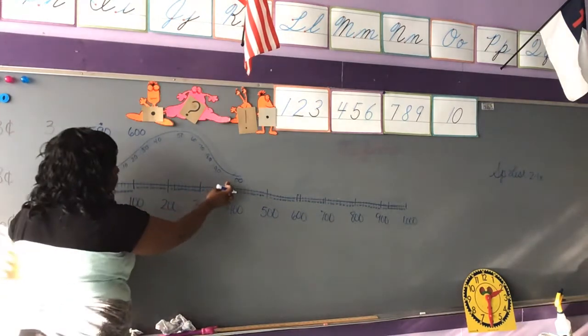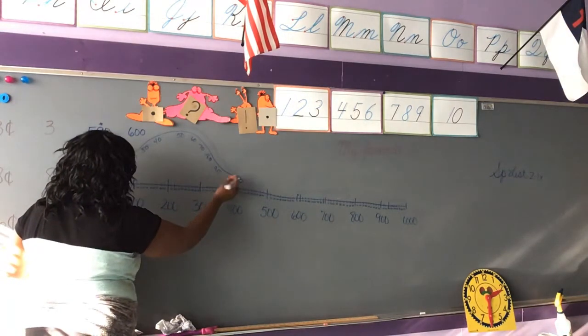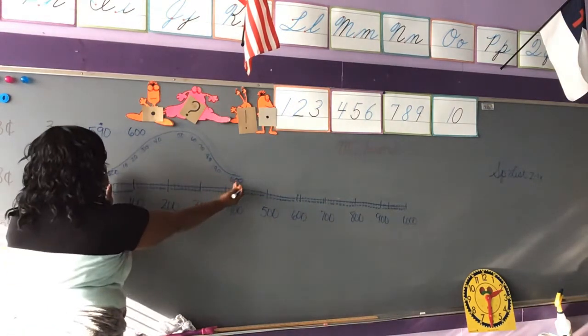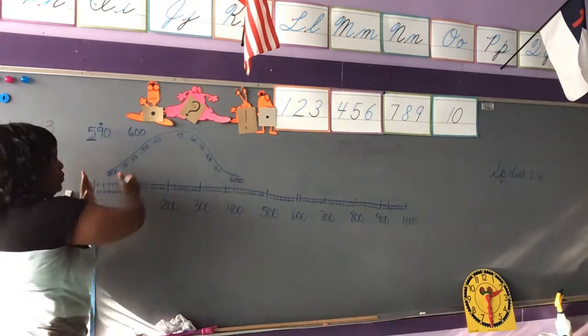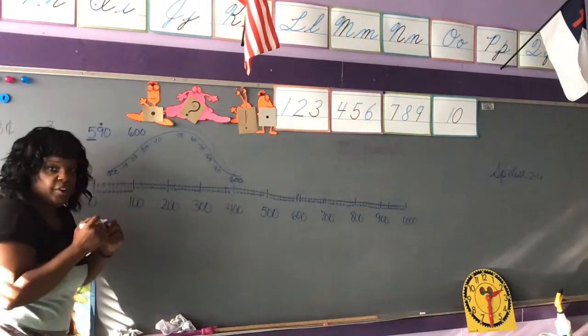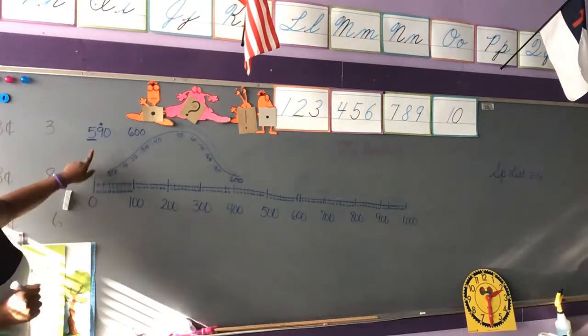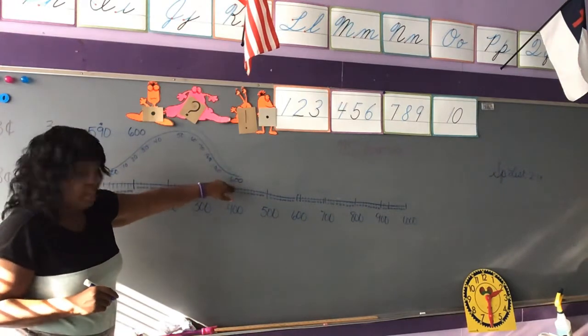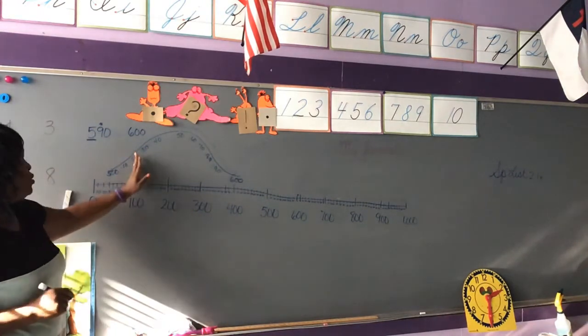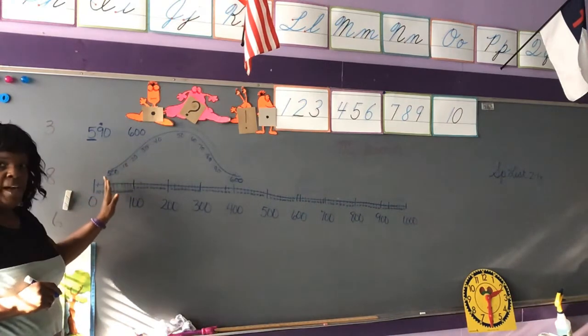And we end with what? 600, which is only 100 more, okay? 500 plus 100 equals 600, because we're counting by tens to get to the next 100. If it's 5, 6, 7, 8, 9, we're going to keep going. If it's 1, 2, 3, or 4, we have to go backwards.